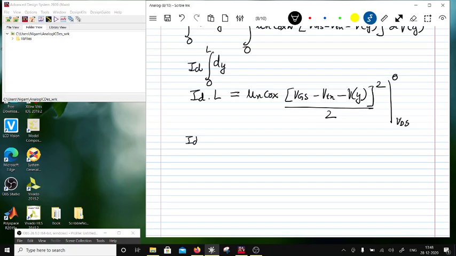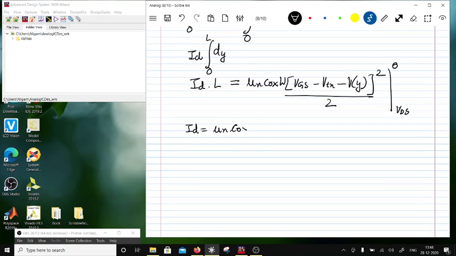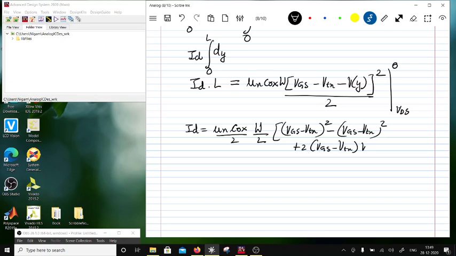So next, Id is going to be equal to mu n Cox by 2 times W by L into this. So now this will be equal to (VGS minus VTn) squared minus (VGS minus VTn) squared plus twice (VGS minus VTn) times VDS minus VDS squared. So this term would cancel out.